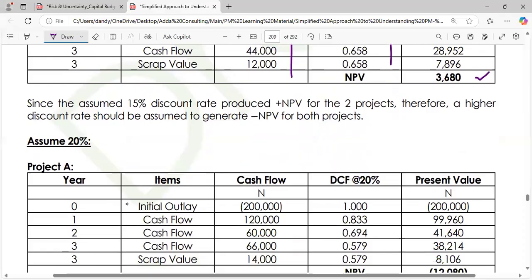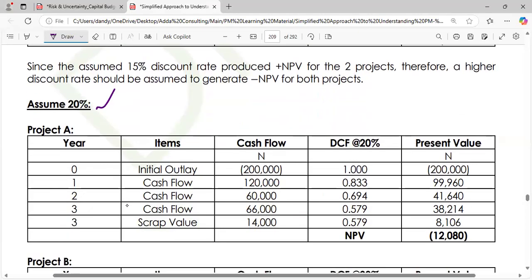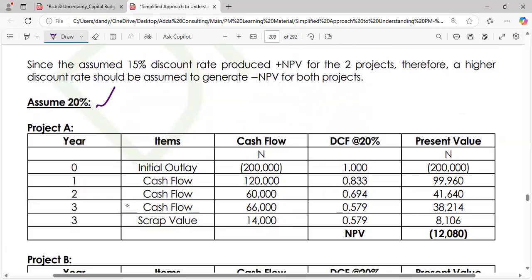Therefore, let's assume 20% as shown in this material. The discount factor at 20% for year 1 is 0.833, year 2 is 0.694, year 3 is 0.579. Multiply that with the cash flow, you get the present value.